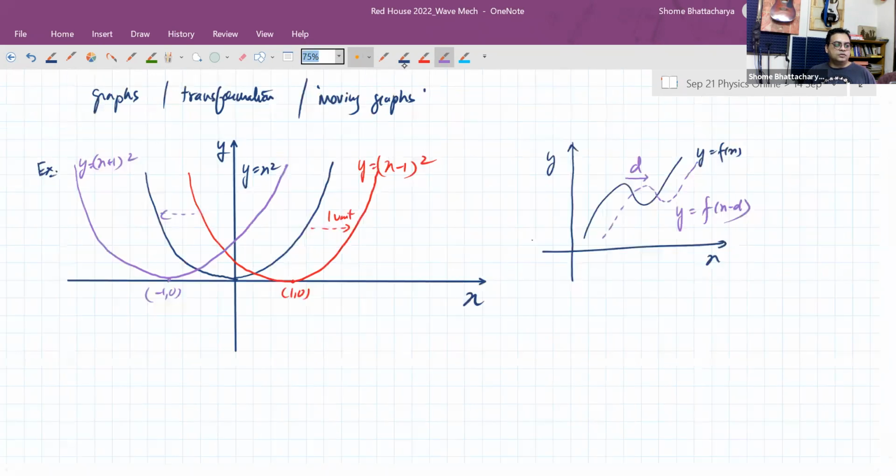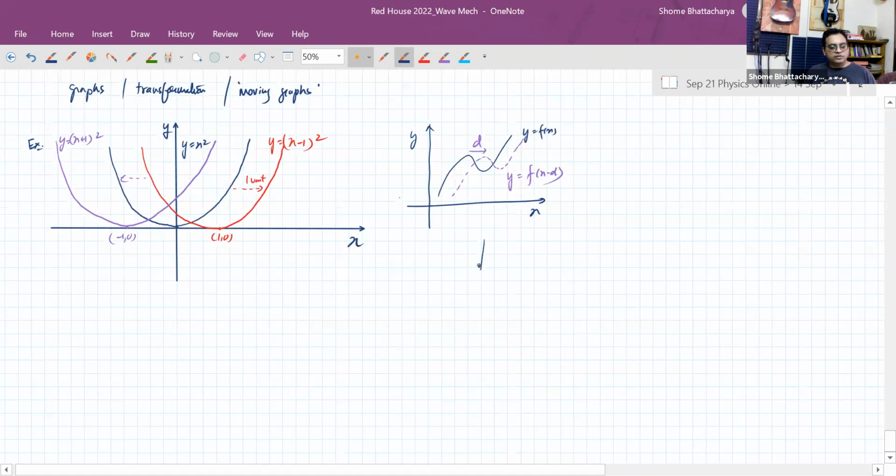But now what if I make d equal to v into t, where v is a constant and t is time? What will happen in that case is that this will be a constantly shifting graph.